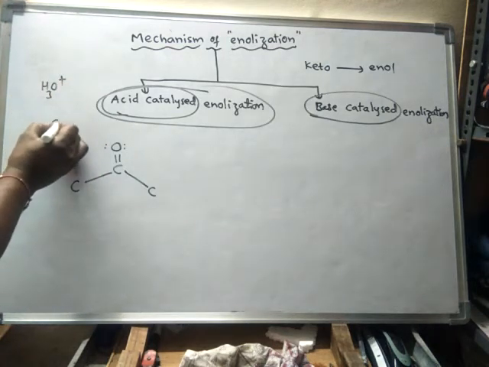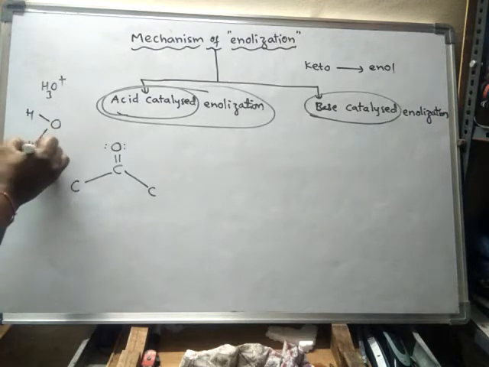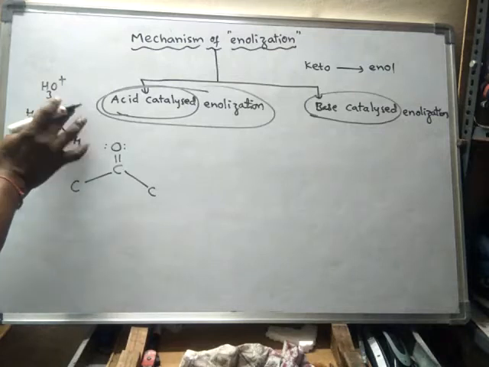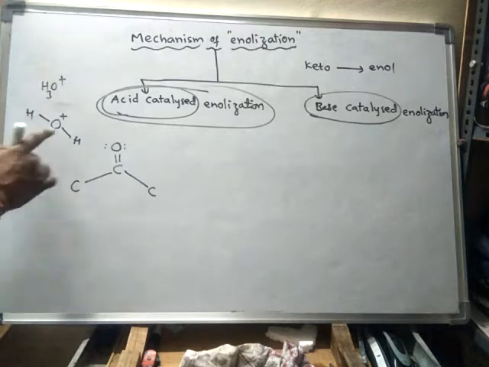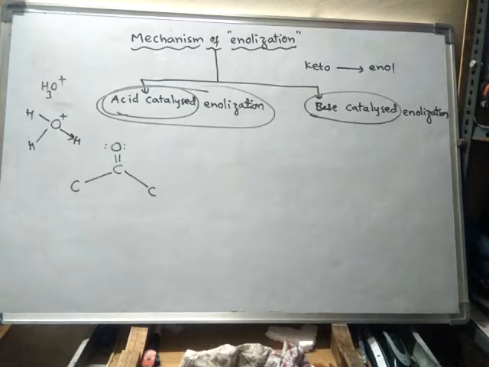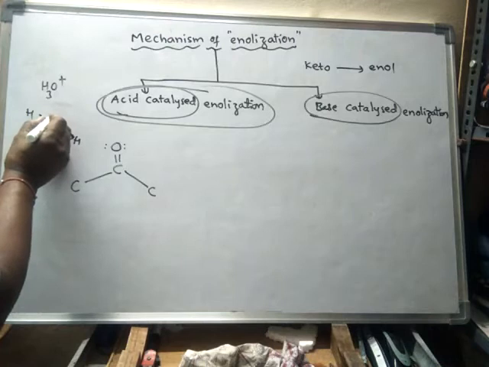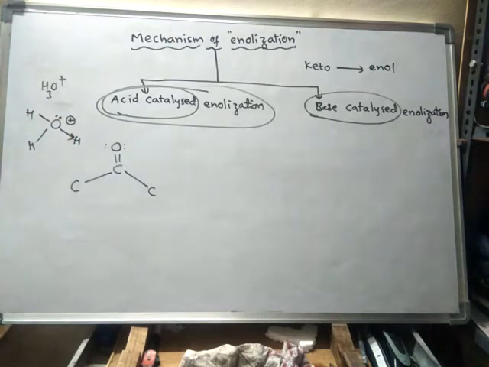That means oxygen is attached to three hydrogens, it has one lone pair, and it has a positive charge on it because it forms a coordinate covalent bond.